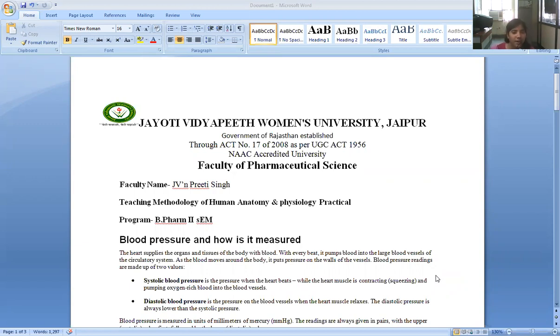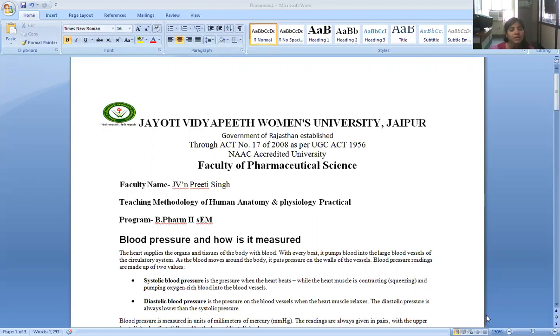The heart supplies the organs and tissue of the body with blood. With every beat, it pumps blood into the large blood vessels of the circulatory system. As the blood moves around the body, it puts pressure on the walls of the vessels.